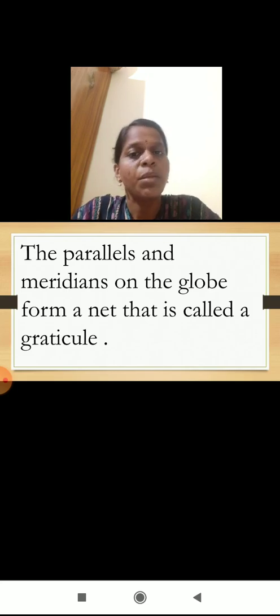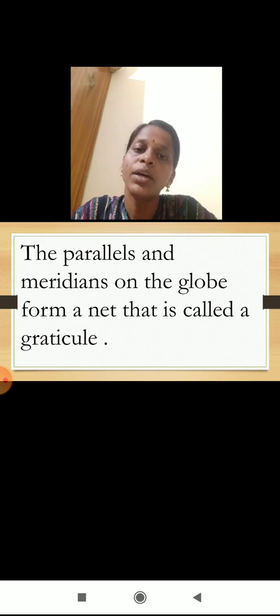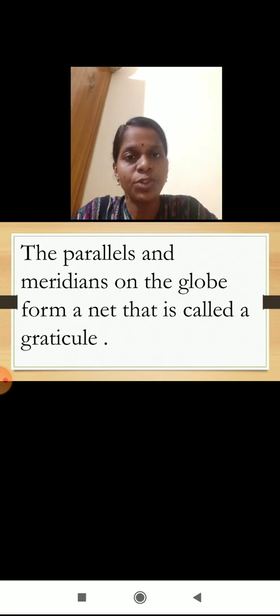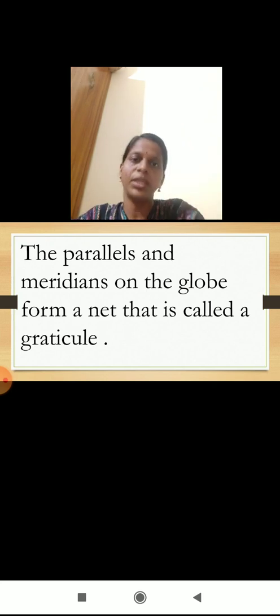The parallels and the meridians on the globe form a net that is called a graticule. When we draw these, we get a graticule. Let us see that picture now.